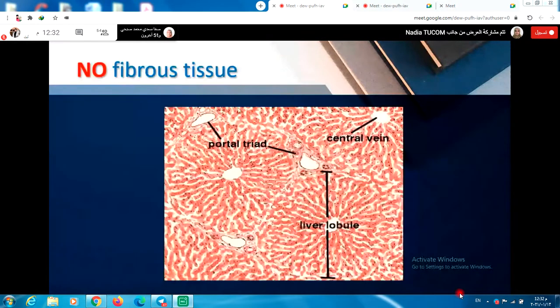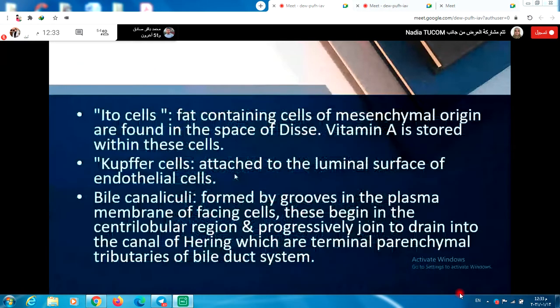Necrosis of these hepatocytes between portal areas or portal tracts we call bridging necrosis: portal bridging necrosis, portal central bridging necrosis. Clear?